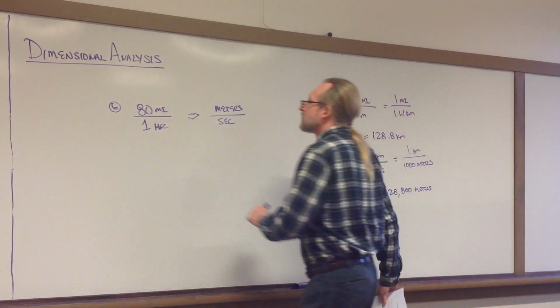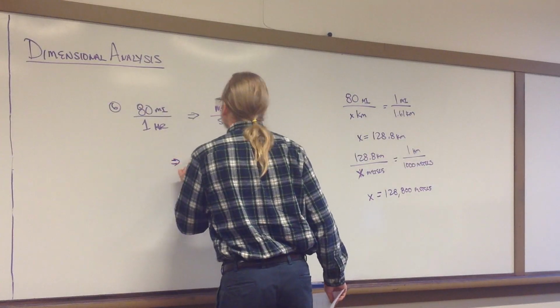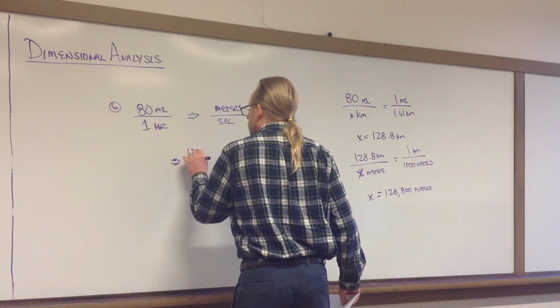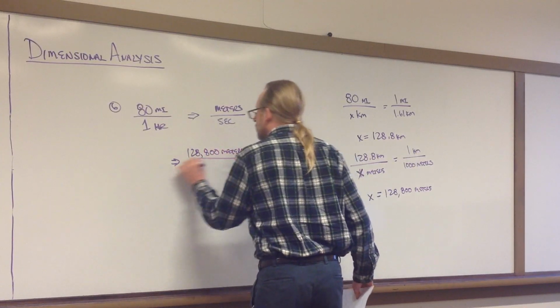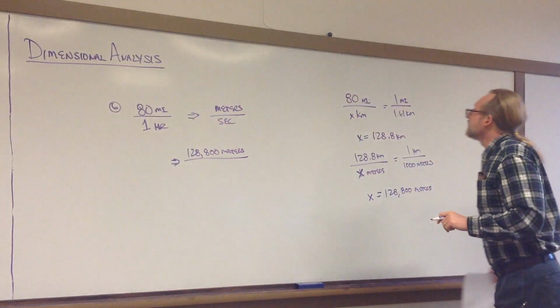Okay. So we know that the 80 miles is 128,800 meters. And now we need to convert the hours into seconds.